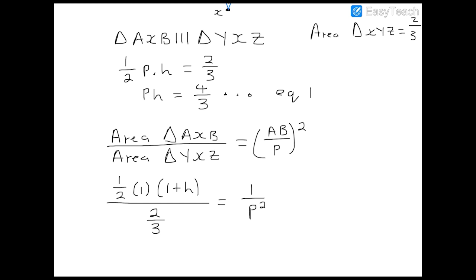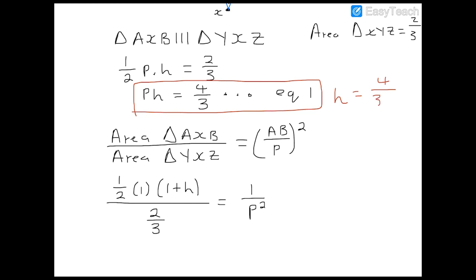Now we have two unknowns. We have h and we have p, but p is the one that we are looking for. So we might want to manipulate this equation so that we make h the subject of the formula. If we make h the subject, h will be equal to 4 divided by 3p.